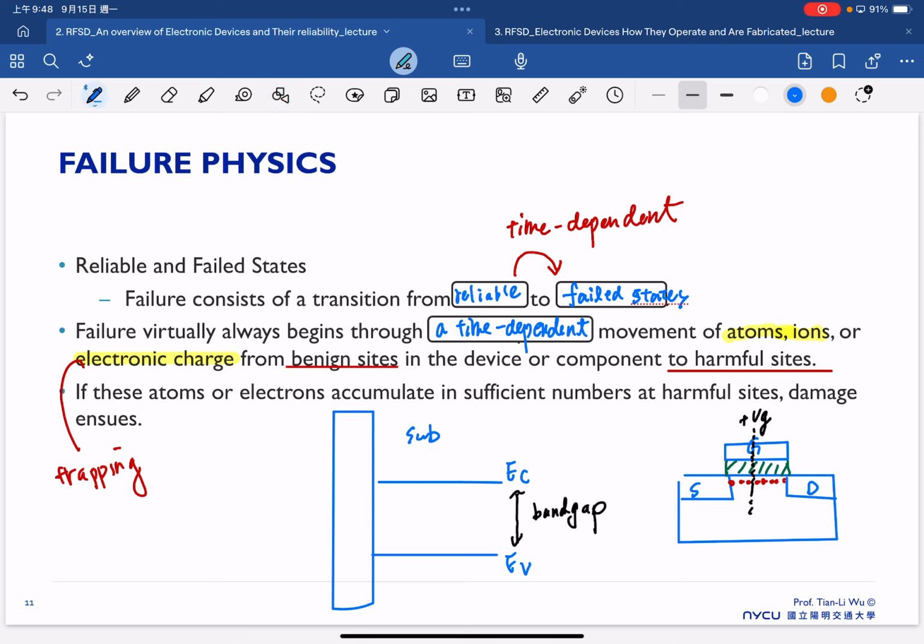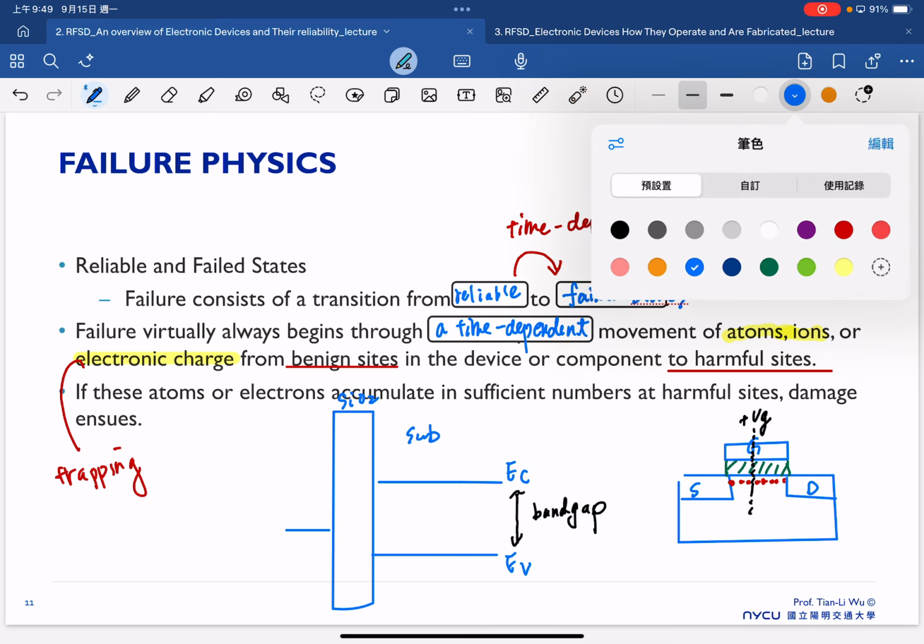This is a typical case for SiO2, silicon dioxide, and on top of the silicon dioxide we have the metal. The gate is a metal, and for metal there's no band gap, so normally we only plot one line to describe the metal. This is our gate metal.